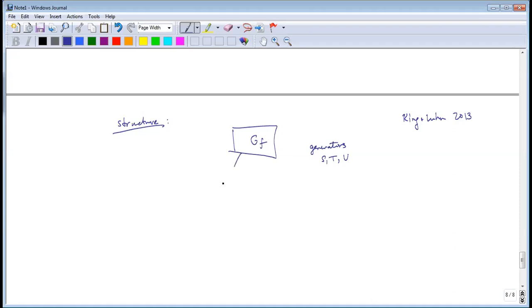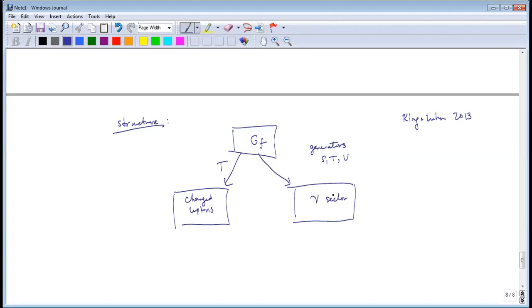And the idea is the following. You preserve different subgroups of G_F in the charged lepton sector and the neutrino sector. For example, the T generator is preserved for the charged leptons, and the S and U generators are preserved for the neutrino sector.